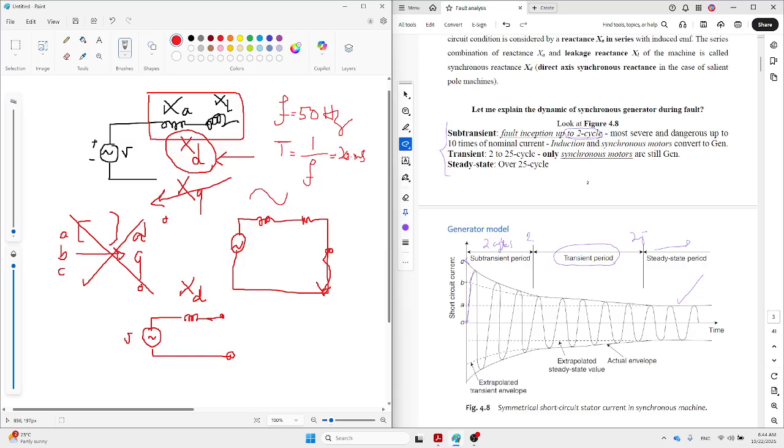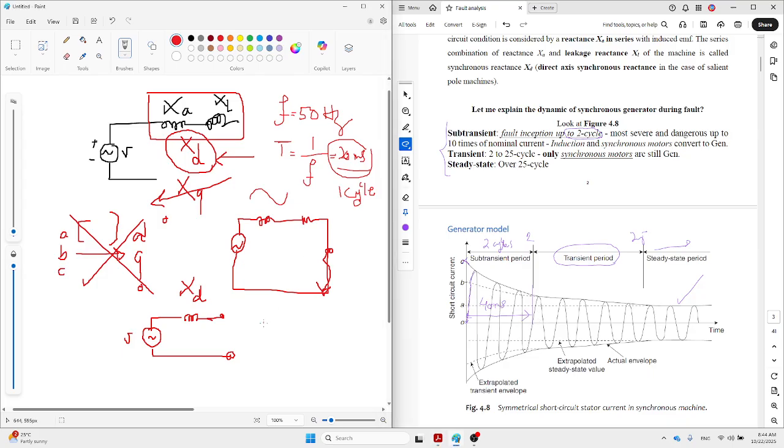So this is one cycle. 20 milliseconds is one cycle. So when I talk about two cycles, I am talking about 40 milliseconds, from 0 to 40 milliseconds.